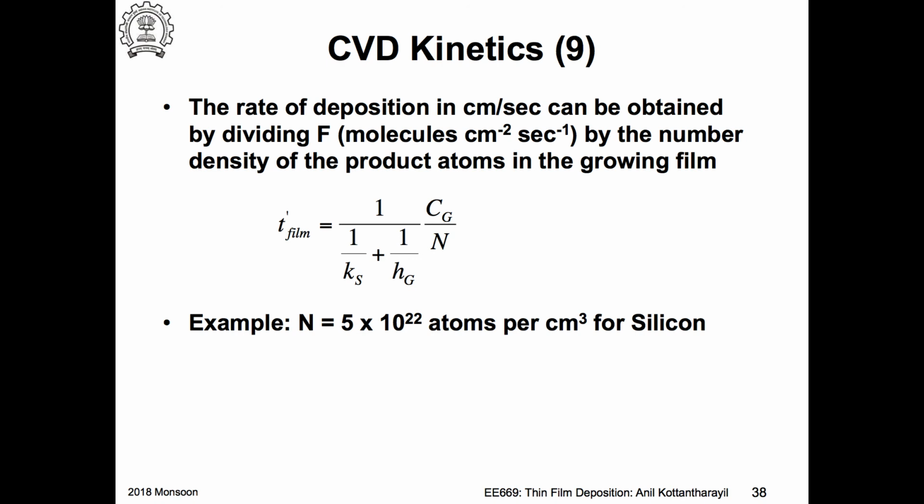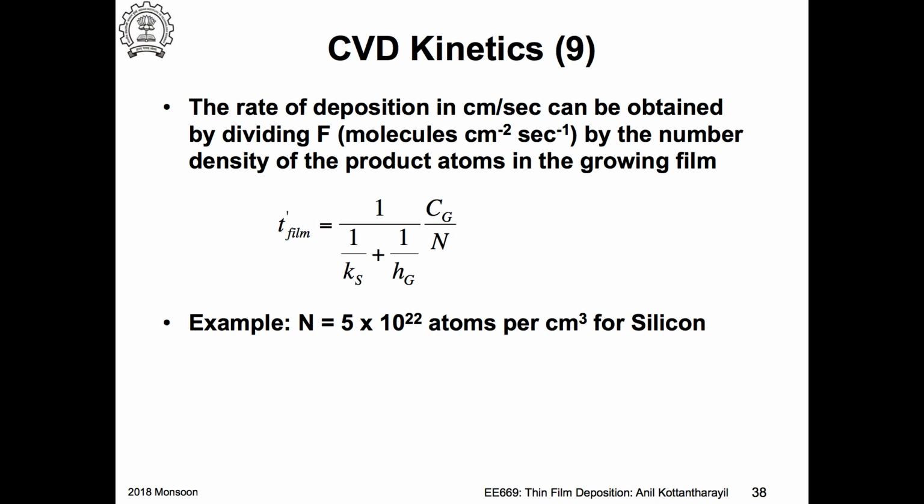Now how do I interpret this? If I take this factor, if I take this inverse relationship, what does it say? These are two processes, and you are looking at the rate which is inversely proportional to them. What does this mean actually?